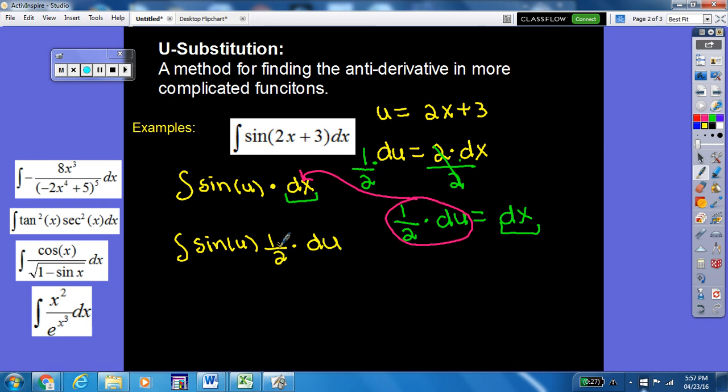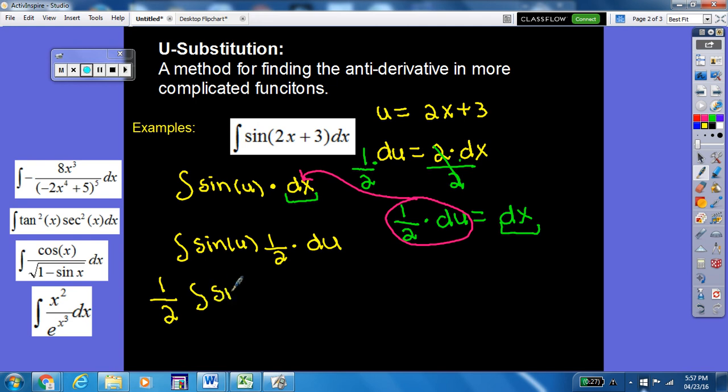Now, this is a property of integrals. Whenever you have multiplication and one of those things is a constant, you're allowed to pull the constant outside of the integral. You are never allowed to pull out a variable. You can't pull out sine, you can't pull out anything that is not a constant. But since 1/2 is being multiplied in this case, it can be pulled out, and I'm going to pull it out because it gives me something a little bit simpler to work with.